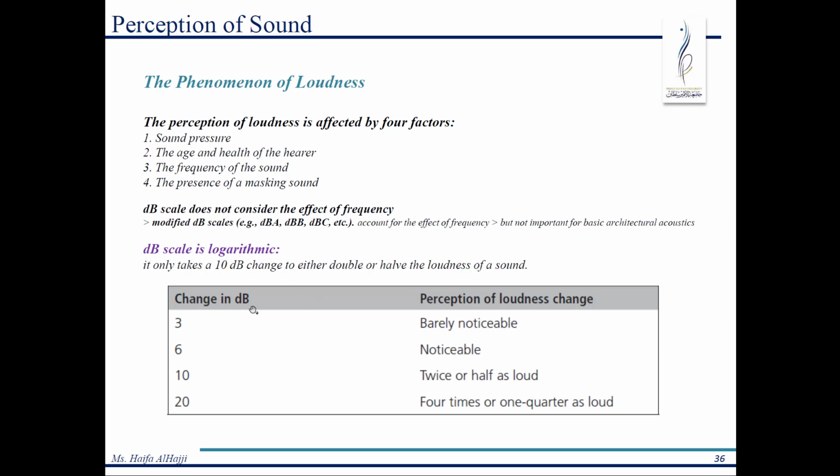Now before we go into that calculation, first let's have a look at how we actually perceive the difference in loudness. I mentioned to you earlier, every time you increase or decrease 10 decibels, you will hear the sound as either doubled or half. So 10 decibels difference means double, okay, or half.